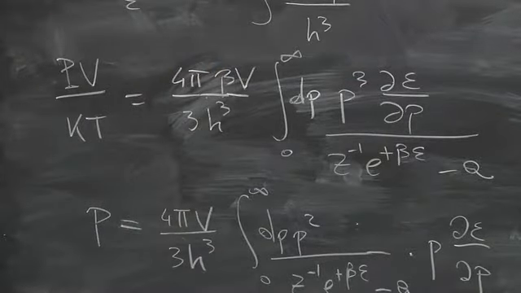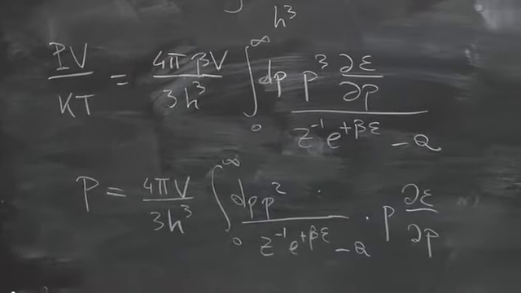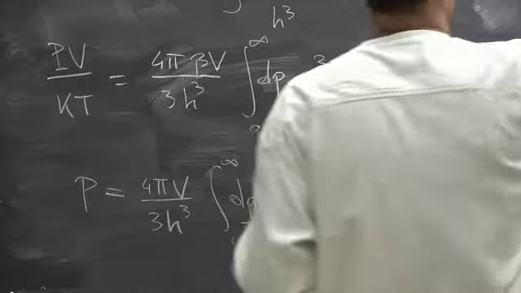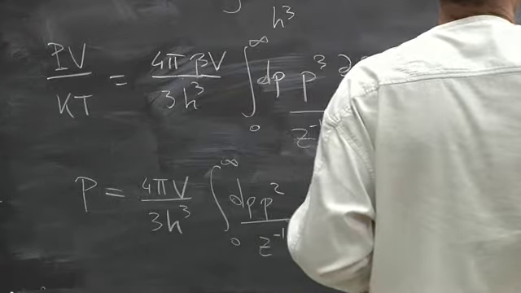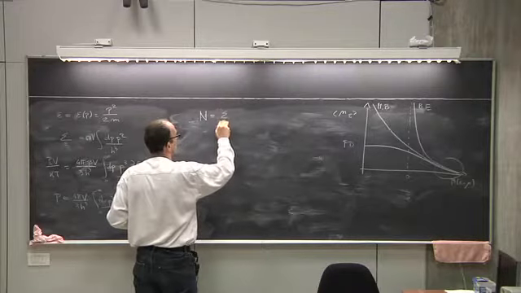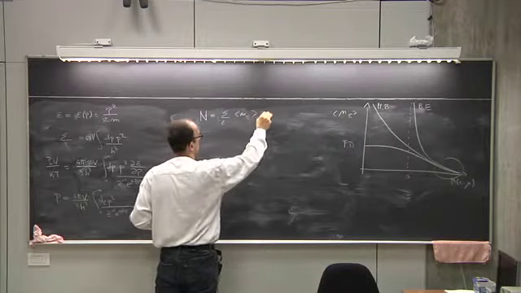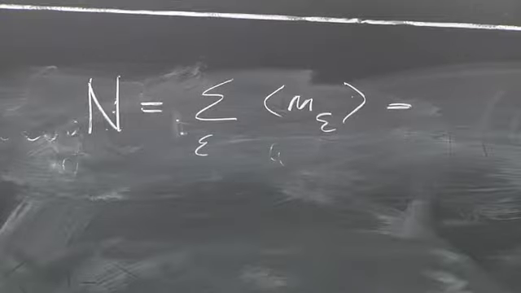Now, the meaning of this equation is clear if you compute the number of particles. The number of particles will be equal to the sum over all the energy levels of n epsilon, right?